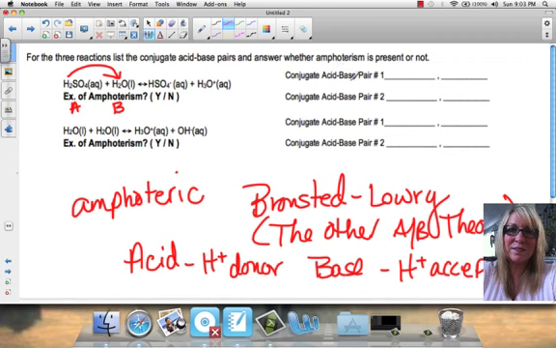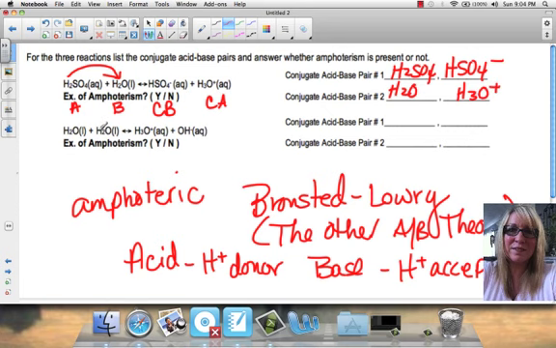So conjugate acid-base pair number 1: if this is the acid, this is the conjugate base, and if this is the base, this is the conjugate acid. So you've got H2SO4 and HSO4 minus, and over here you've got H2O and H3O plus.